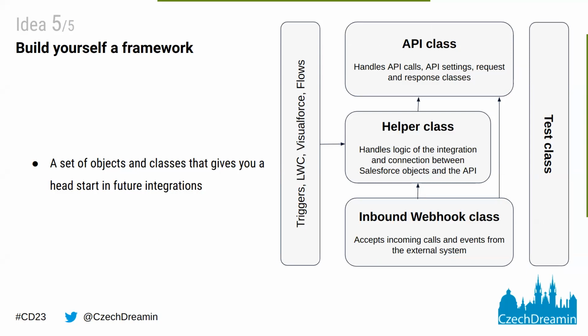And that framework will be a set of objects or custom metadata, a set of classes, like a simple API class, an empty helper class, or an inbound webhook class that does nothing yet but accept a call.